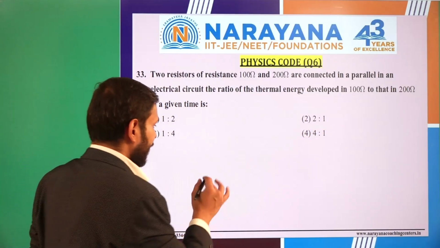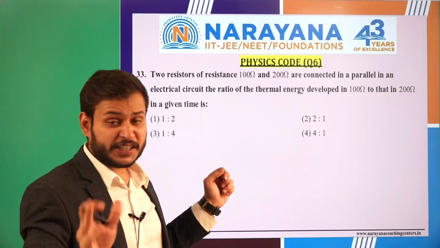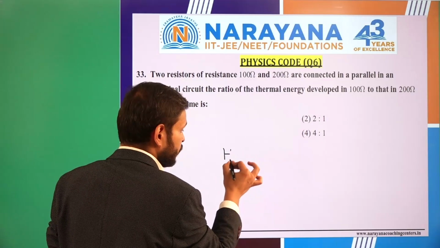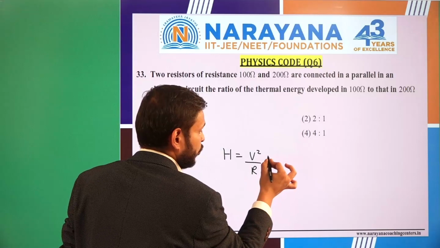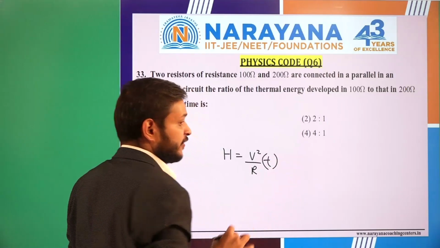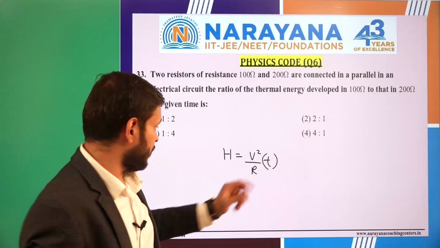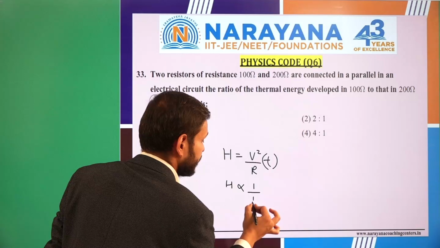Since both resistors are connected in parallel, the potential drop across them will be the same. So it's better if we use the formula V squared by R into T. Since both are in parallel, V will be the same, and the time is given, so T will also be the same. So the heat generated will be inversely proportional to the resistance.